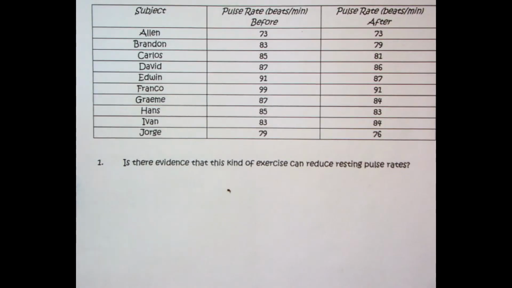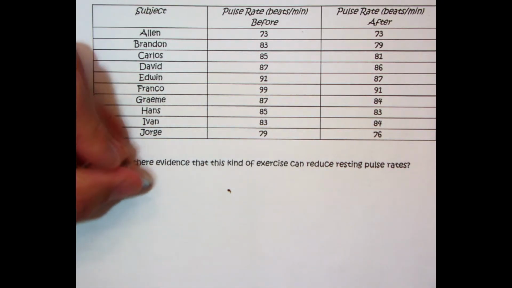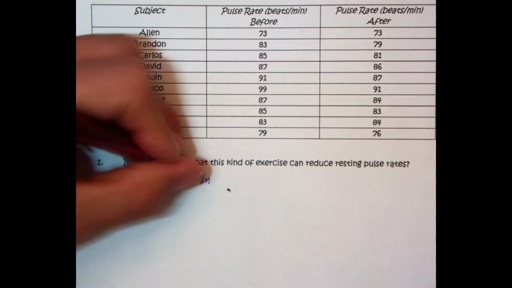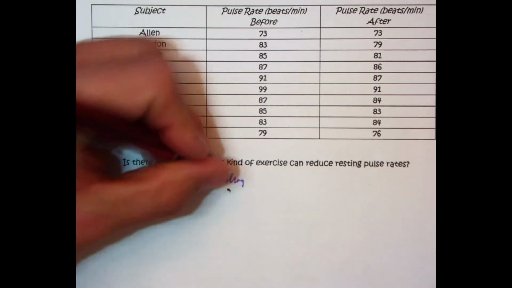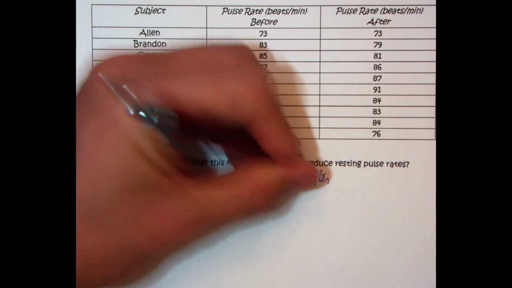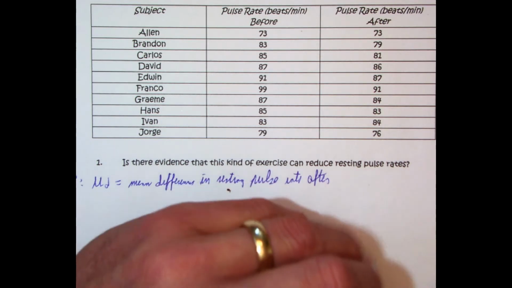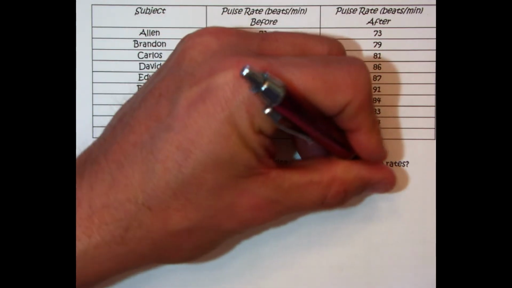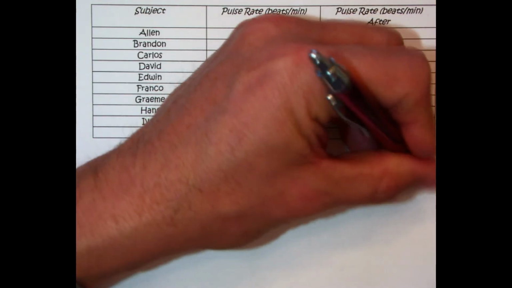When we're dealing with that, our parameter is now going to be mu sub d. We're not going to do mu sub b and mu sub a because they're not independent. And that is going to be the mean difference in resting pulse rate after using the device for 6 weeks.